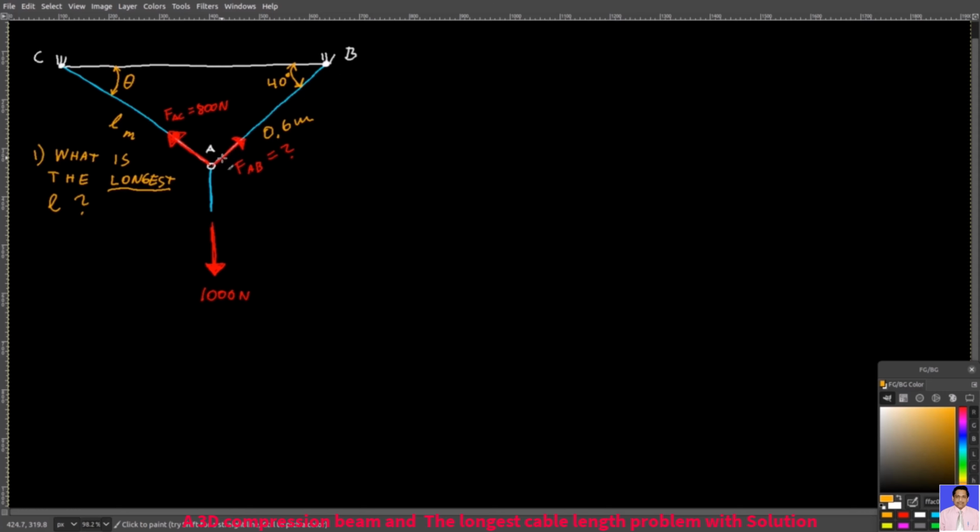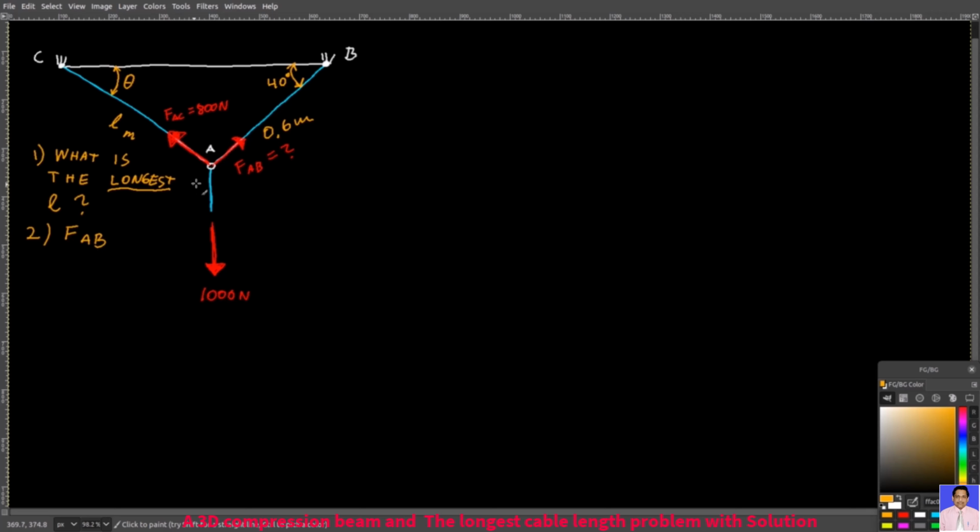You can have all that when this wire AC has, for example, one length, and then you can have the same configuration when this wire has another length. And so, for example, if L2 is longer than L1, then you have to find L2. And once you have found the longest L, then you also have to find this force AB.